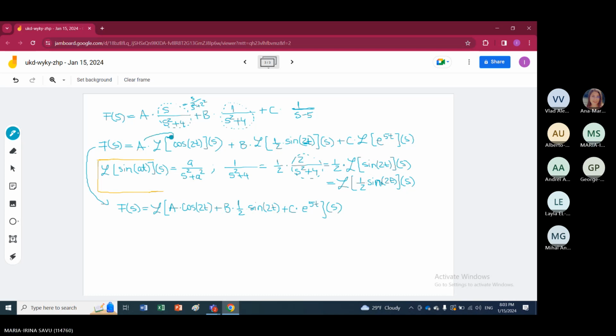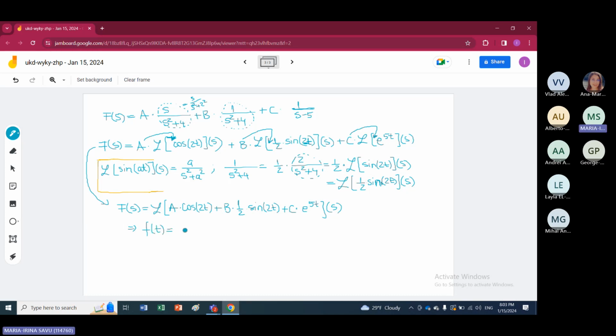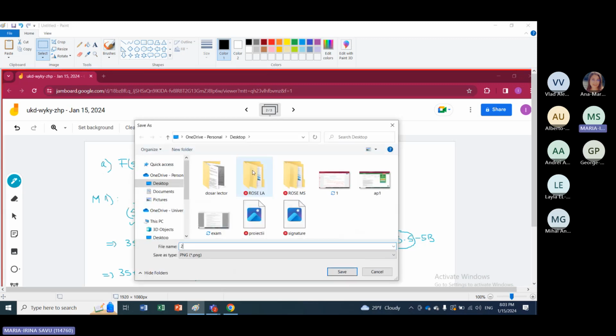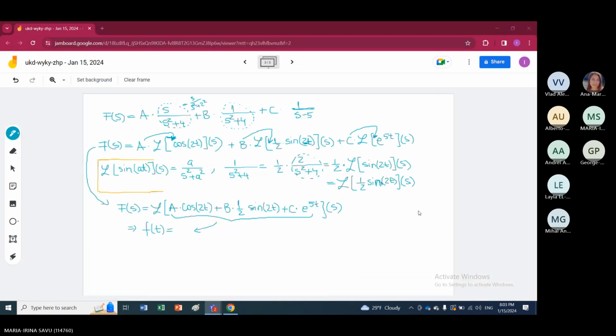So these constants come inside the Laplace. So it means that f of t will be exactly this expression, but we replace a, b, and c by the values that we have found earlier. Okay. Just replace a, b, and c. Okay, let me take another print screen. Do you have questions until now?